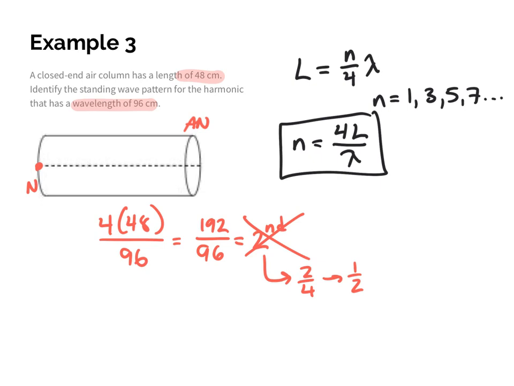So a half a wave would look something like this. Draw it there. Now why this is not possible is because when I draw a half a wave, notice at this end I have a node. And because it's an open end, that is not a thing. That is not possible. So this is what it would look like, although it's not possible to have that 2nd harmonic.